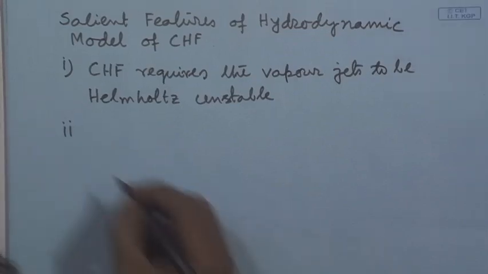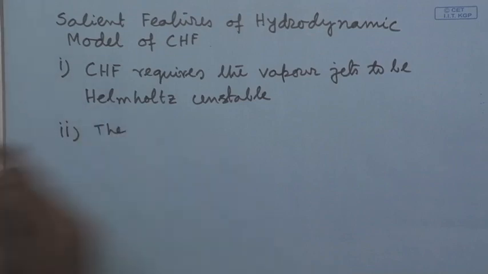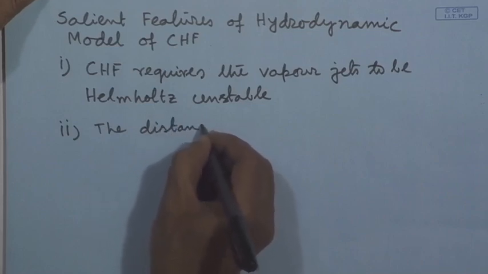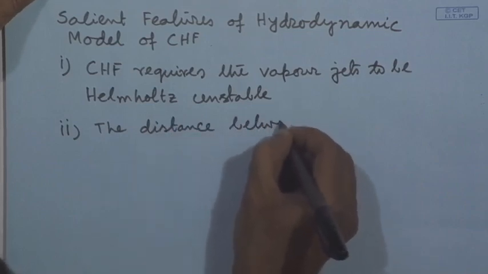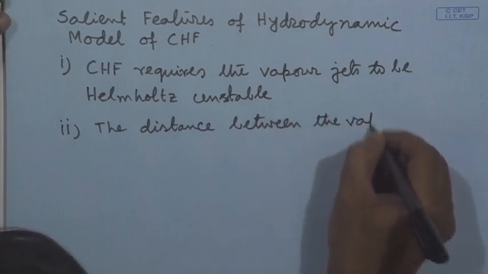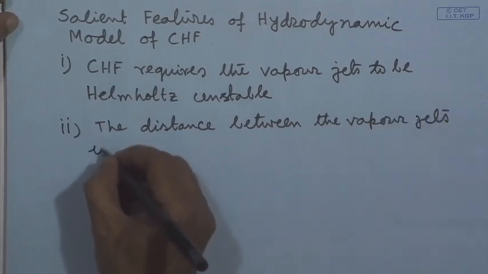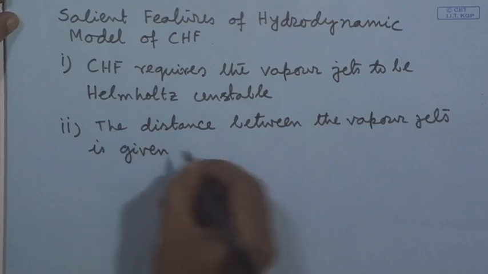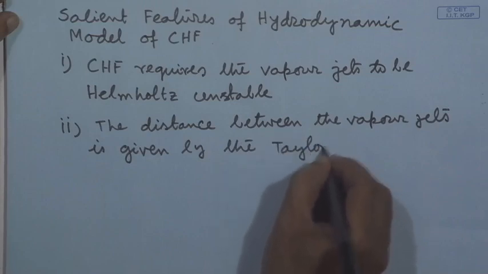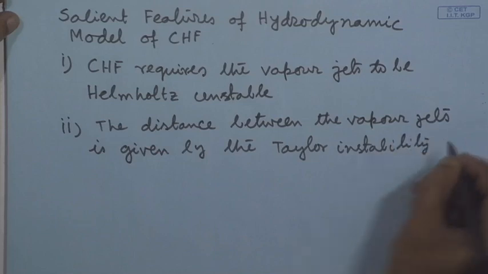Second, the distance between the vapor jets is given by the Taylor instability wavelength, lambda d.